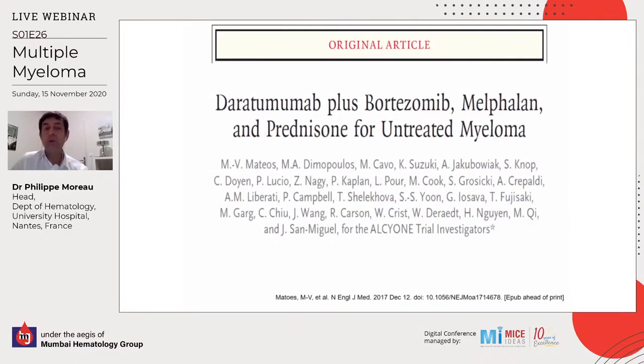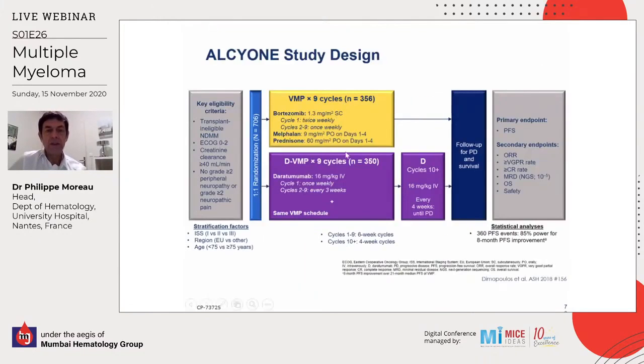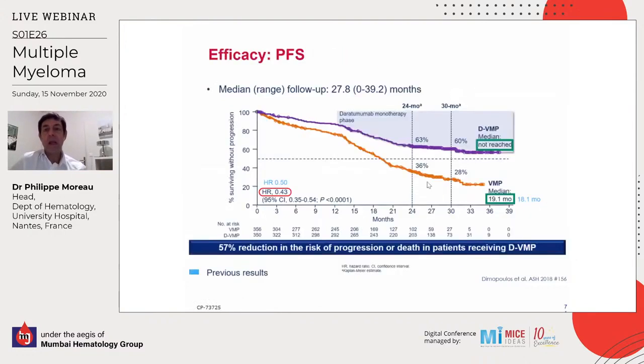And this is also true in the Alcyone study. Alcyone looked at, as you know, VMP versus VMP plus daratumumab. The paper was published in the New England 3 years ago. This is the study design, VMP, fixed duration, 9 cycles, versus VMP DARA, 9 cycles, followed by DARA maintenance.